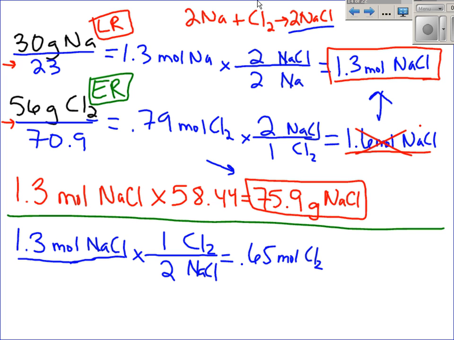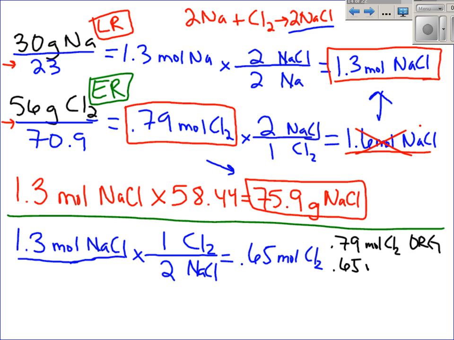Now remember, we figured out at the very beginning that my total amount of chlorine given was 0.79. However, out of that 0.79 moles of chlorine originally given to me, I only needed to use 0.65 moles of chlorine to create my product because the reaction stopped after that amount was used.